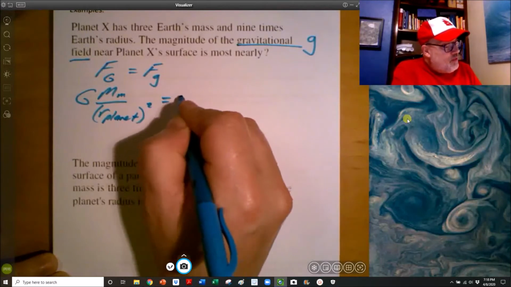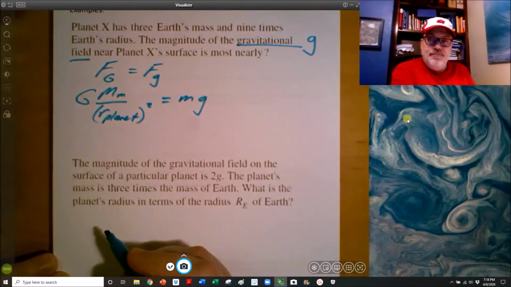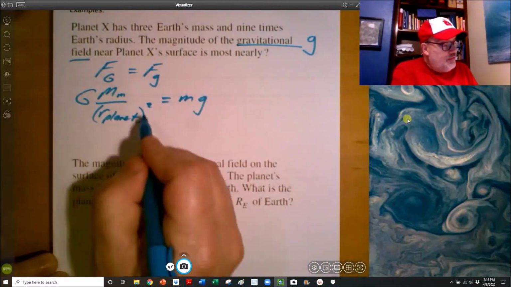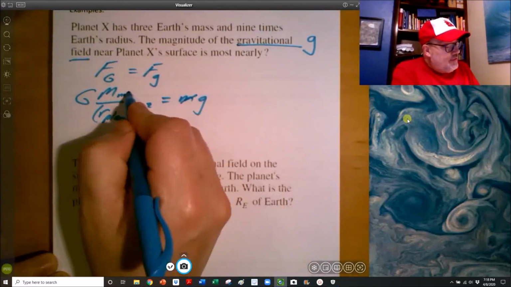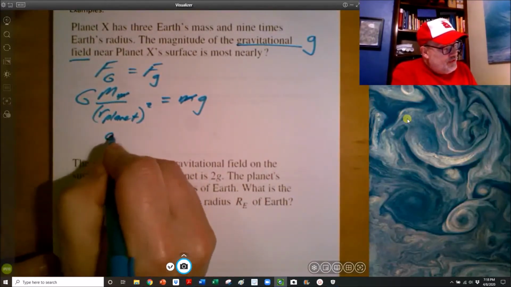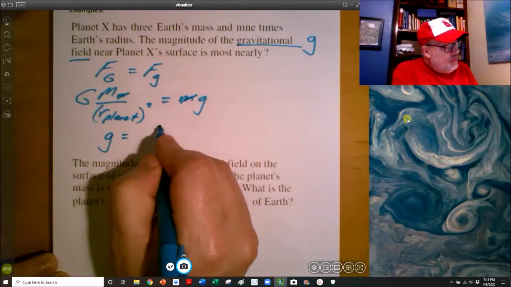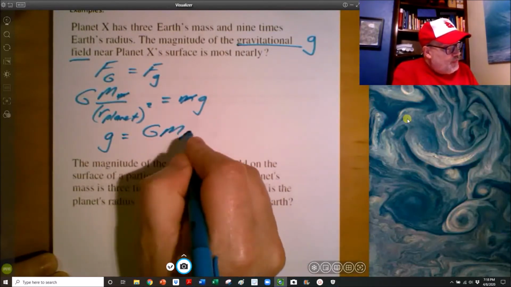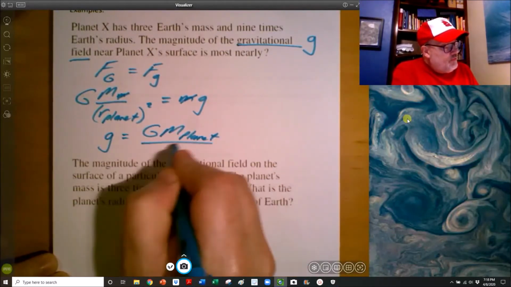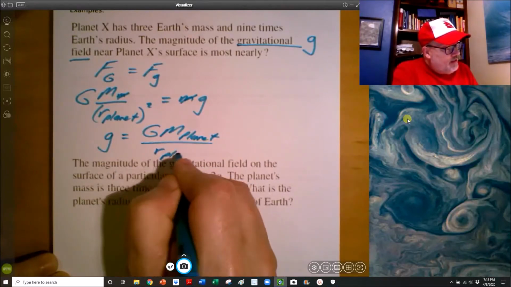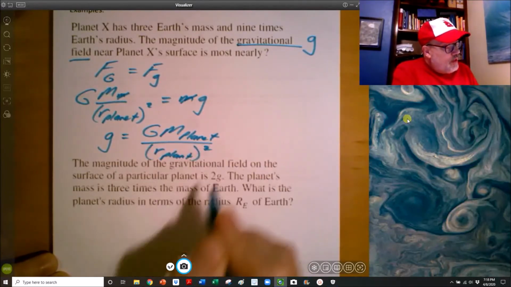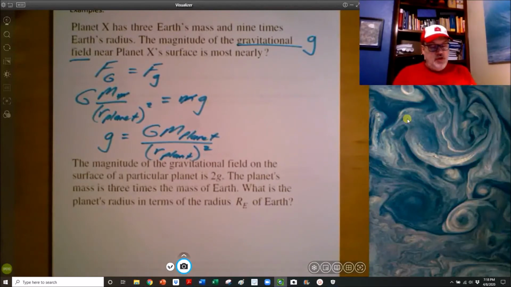And that must equal mg, weight, equals the force of gravity. And this is the thing on the planet, so that means little g equals big G, mass of the planet, divided by the radius of the planet squared.